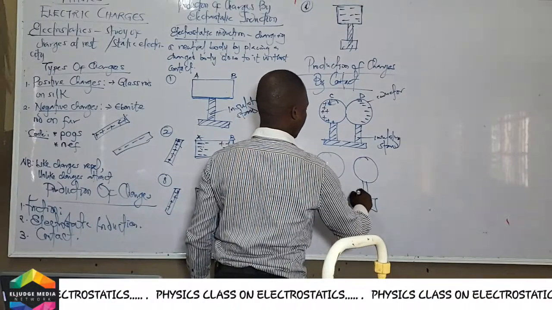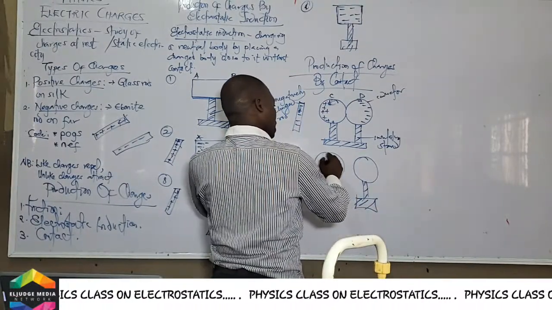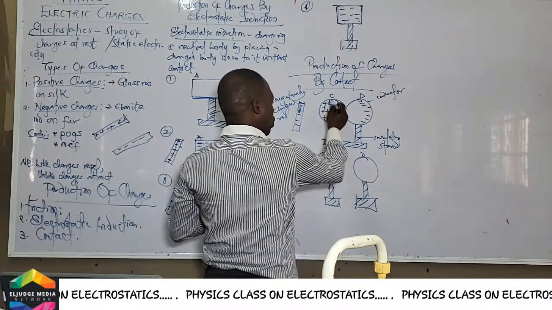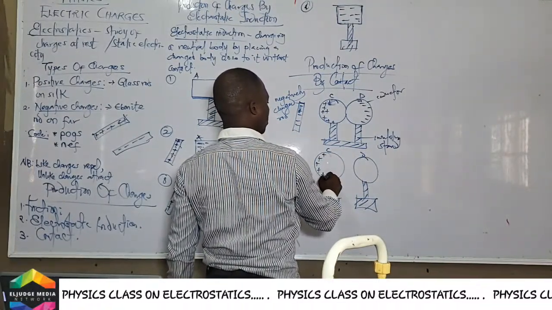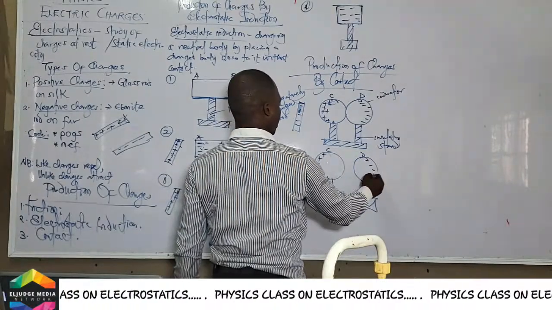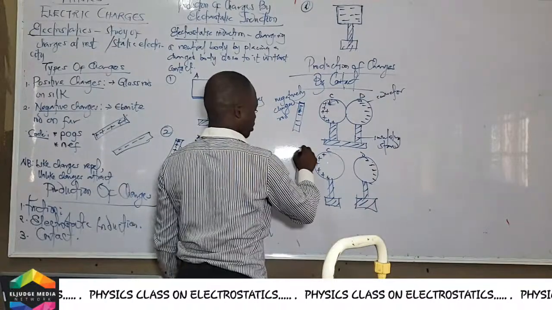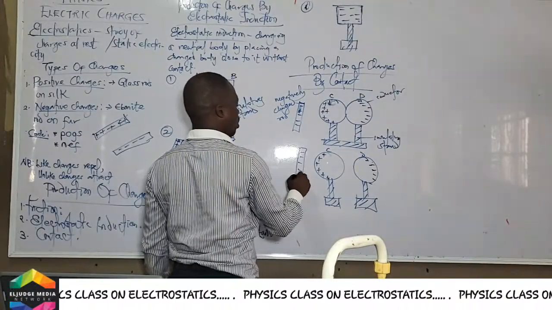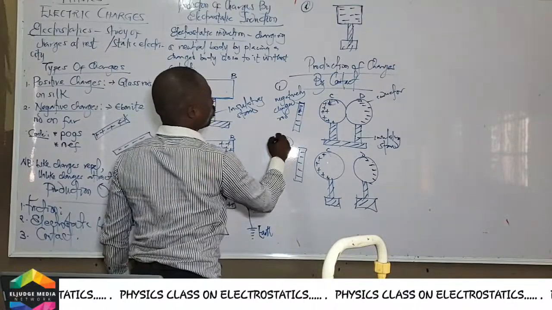We are separating them. This is C, this is D. All the positive charges are still on this side, and all the negative charges are still on this side, with the negatively charged rod still in place. This is step 1, this is step 2.